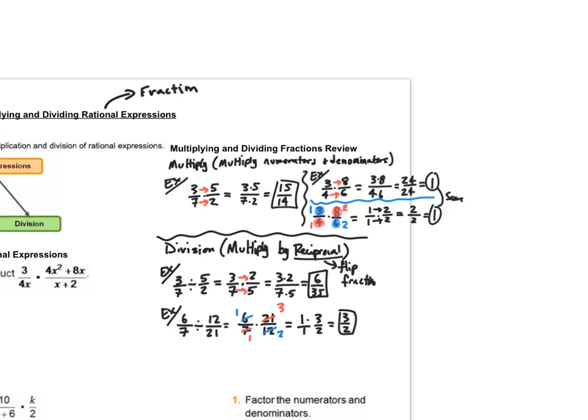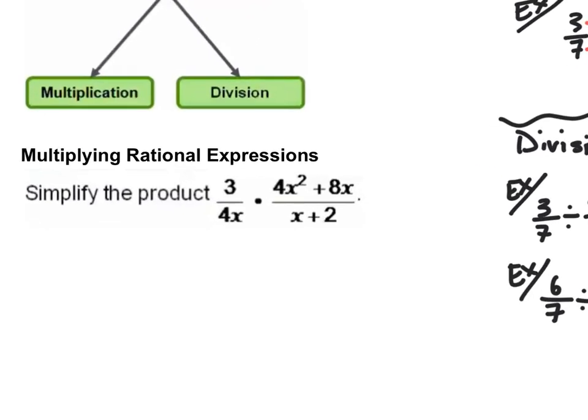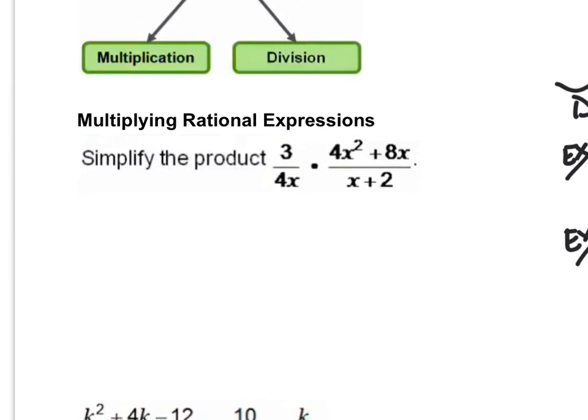Okay, so hopefully that's a refresher for you and you've done this before. But let's take a look at how we would do this. So when I multiply rational expressions, the first thing you want to do to simplify is factor something.